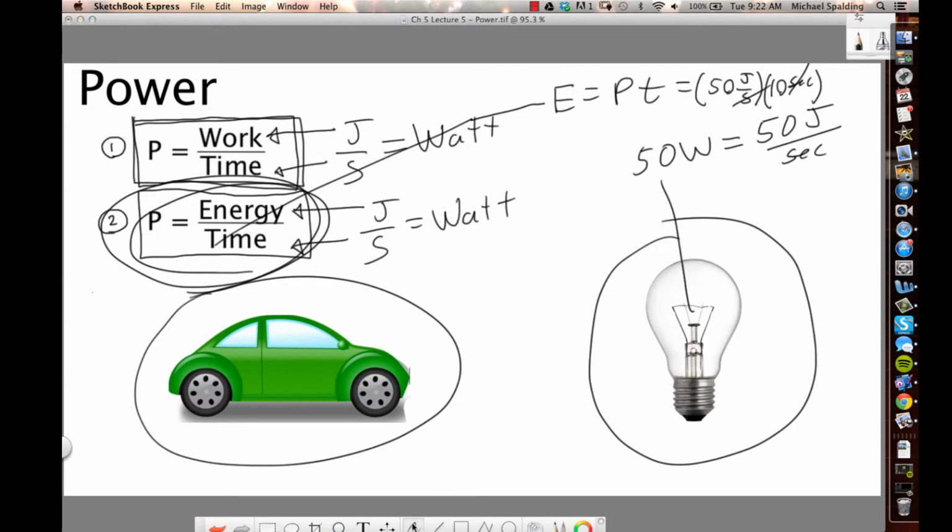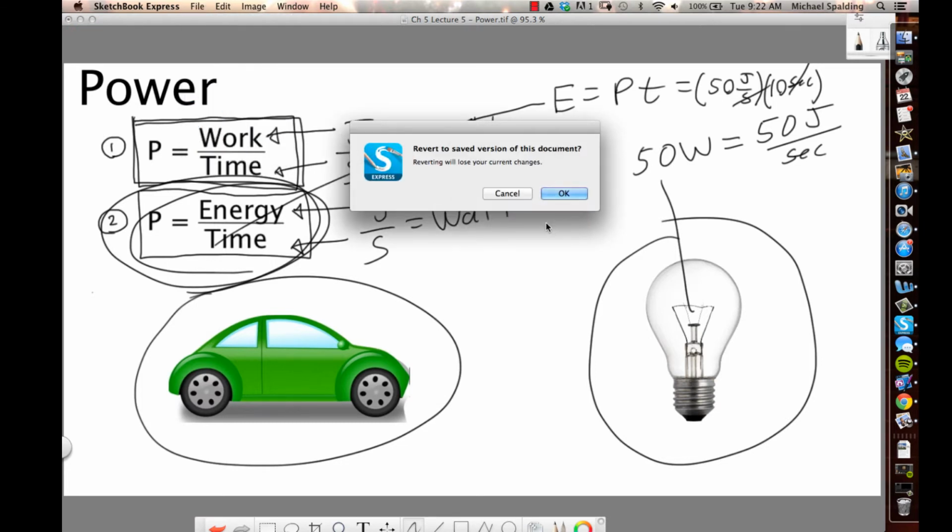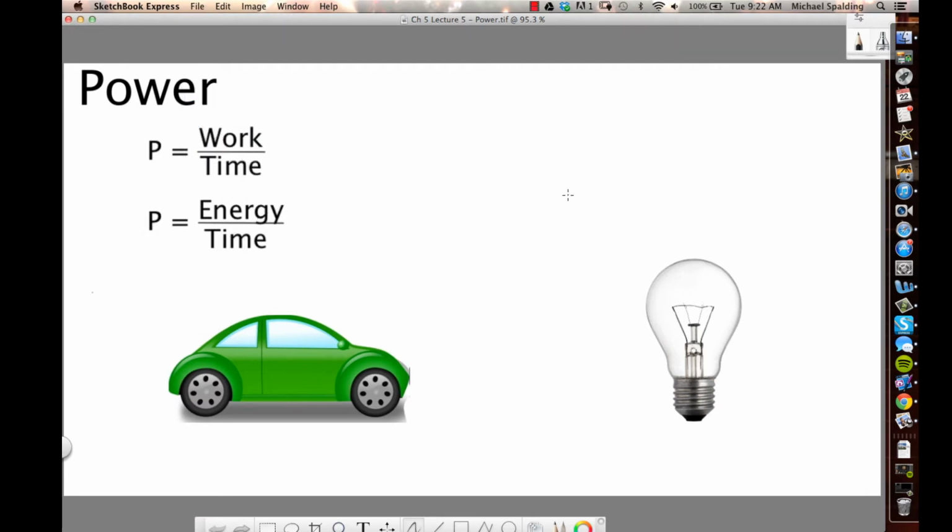So what Edison uses is this unit called the kilowatt hour, which I want to just briefly mention. You're going to see this second semester. If you look at your electric bill, you're going to see kWh, which stands for kilowatt hour.